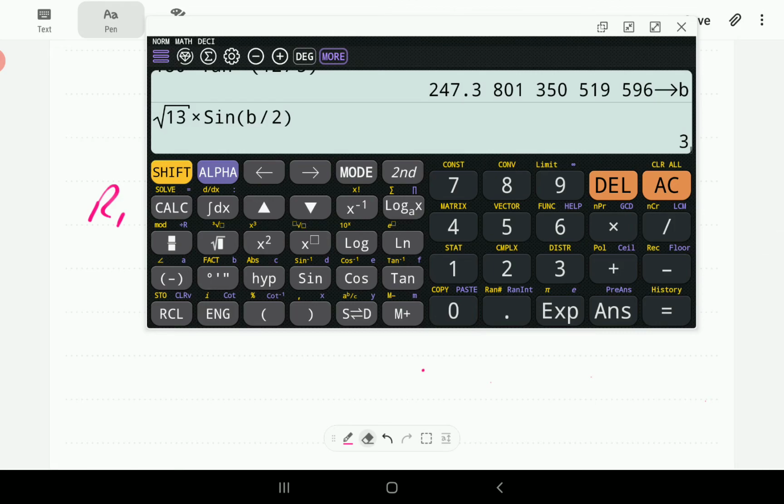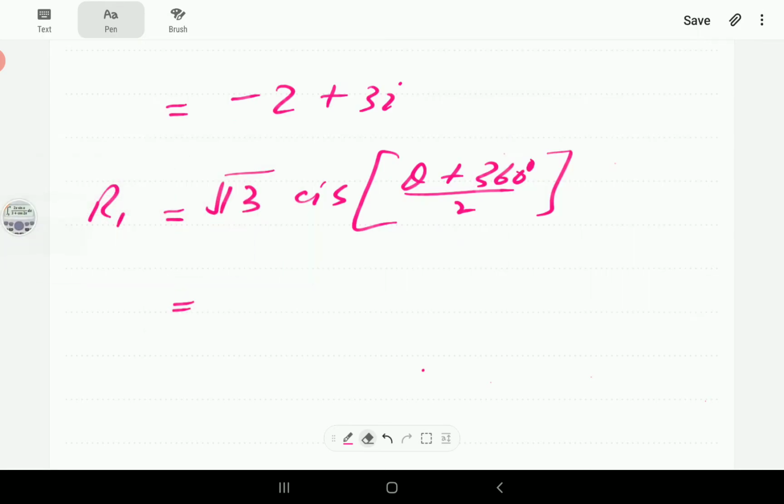So what we are going to have to do now is square root 13 times cosine of open brackets b plus 360, divided by 2. Okay, and that gives us 2. So 2 here.